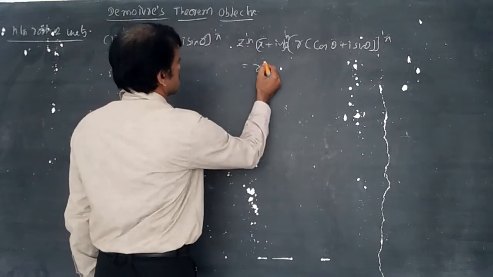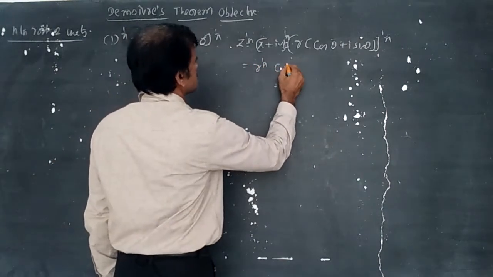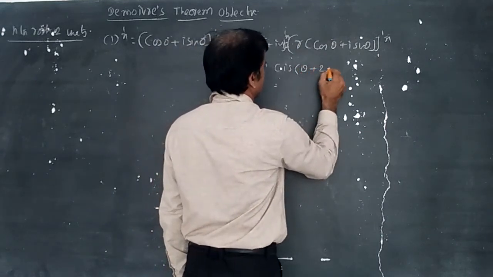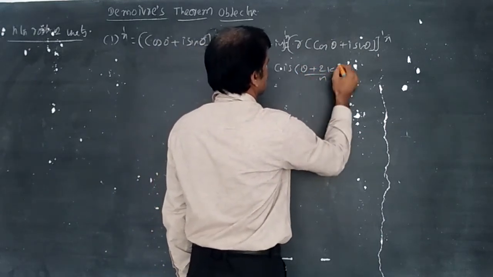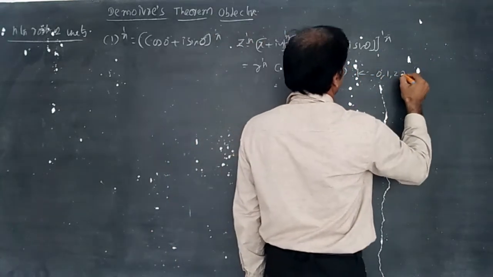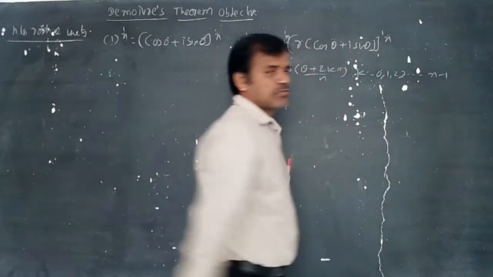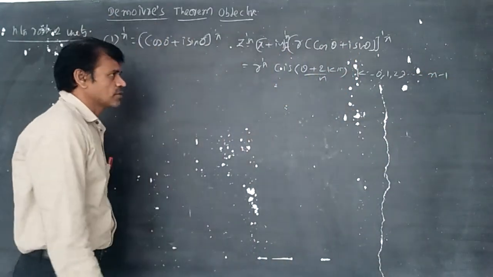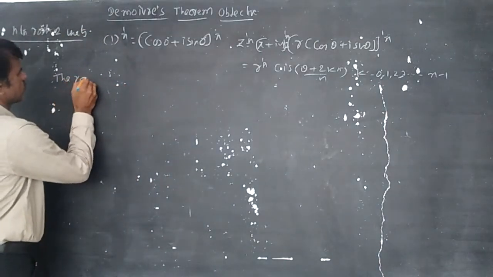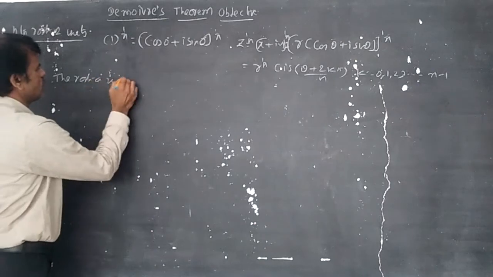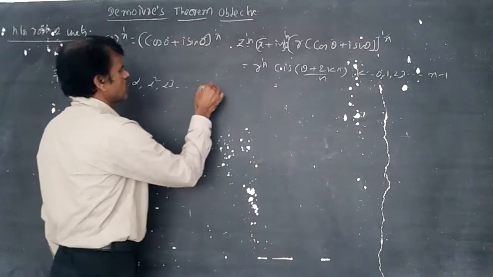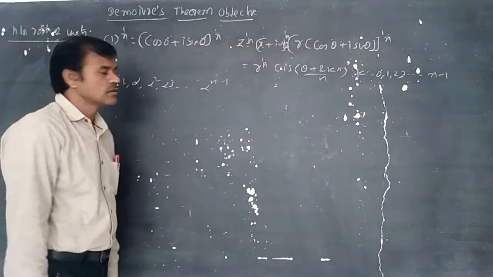This can be written as r power 1 by n into cis of (theta + 2k pi) by n, where k is equal to 0, 1, 2, 3, and so on up to n minus 1. This is the formula of the nth roots of unity. Here the roots are 1, alpha, alpha square, alpha cube, and so on until alpha power n minus 1.